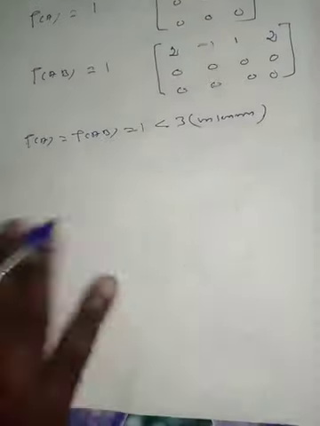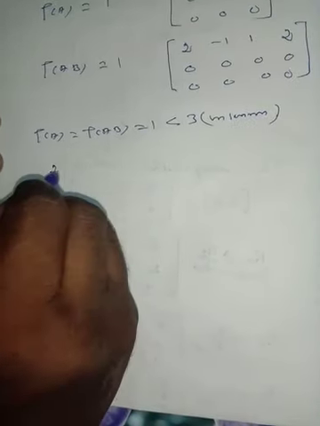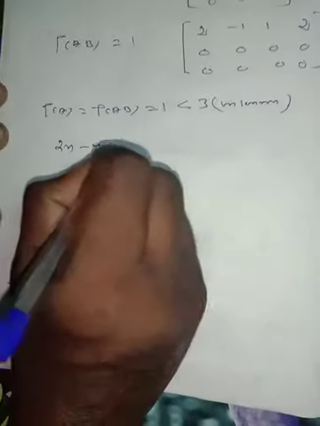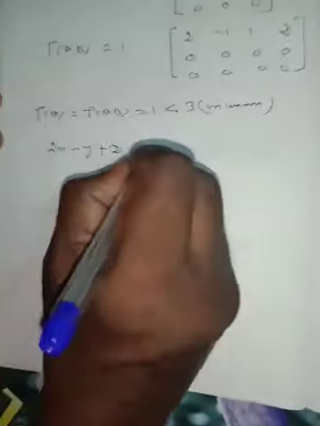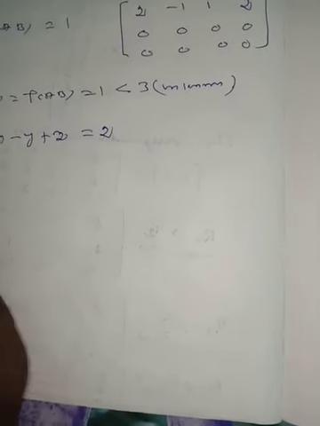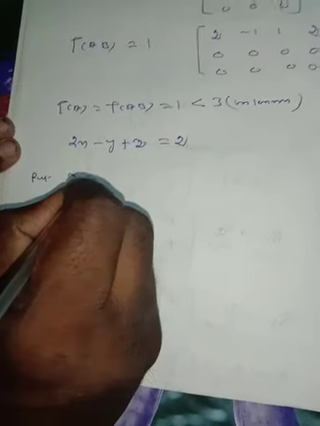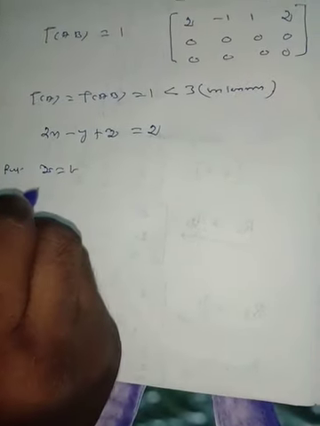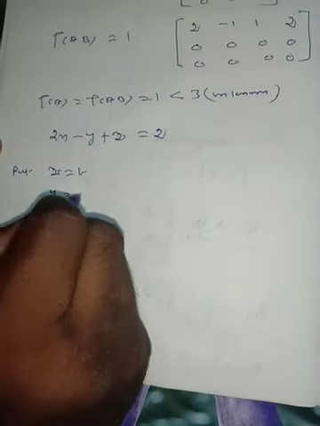Take first equation, 2x minus y plus z is equal to 2. Put z is equal to t, t is an element of R. Put y is equal to s.